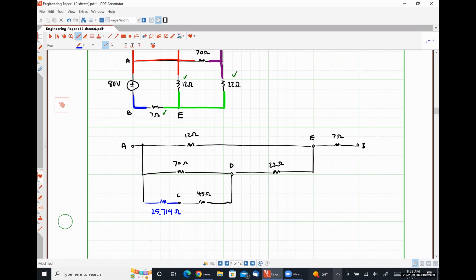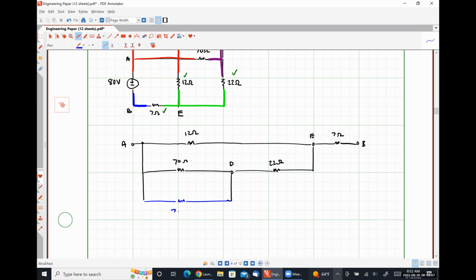So I can simply add 45 to that. And now I'm going to have a new resistor placed between nodes A and D, which is going to look like 70.714 ohms.